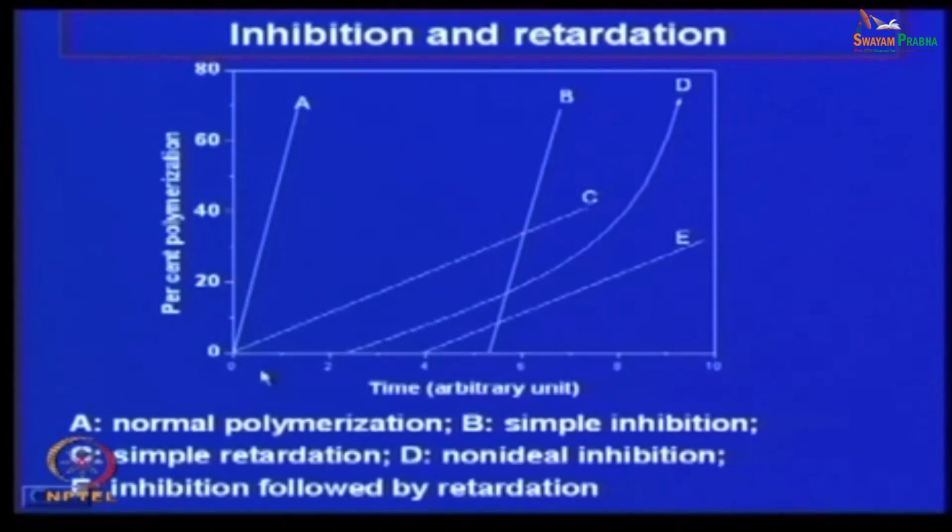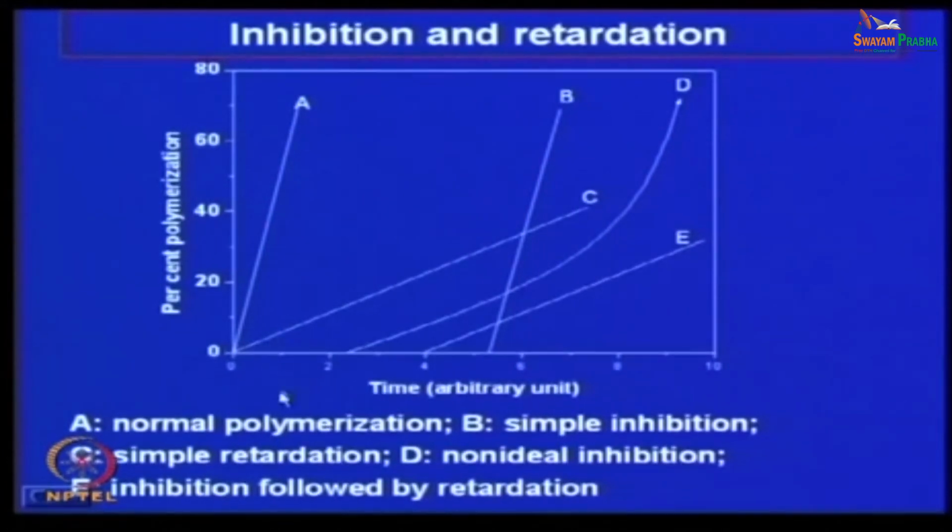So, in this case in case of normal polymerization, you see the rate is very high, that means percent conversion is, say, 70% conversion can be achieved within, say, 1 minute time, suppose 70% conversion, that means 30% monomer will remain unreacted and 70% of the monomer will be converted to polymer.